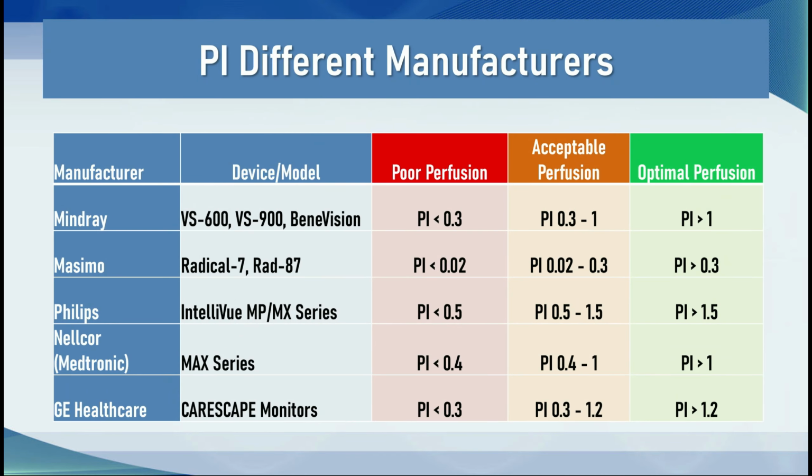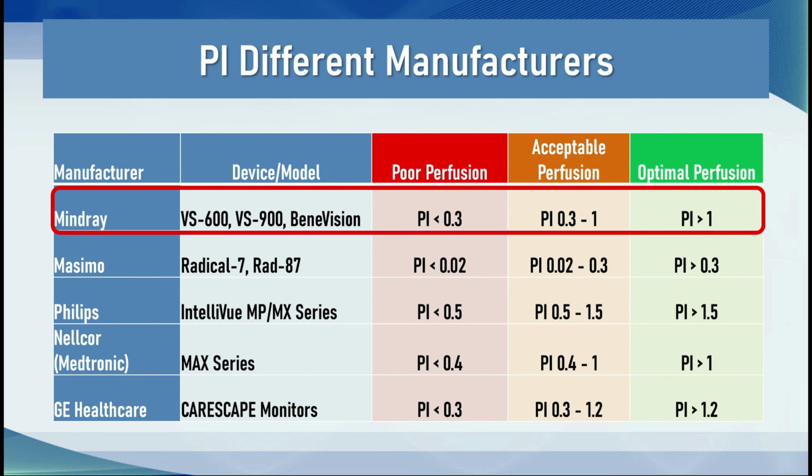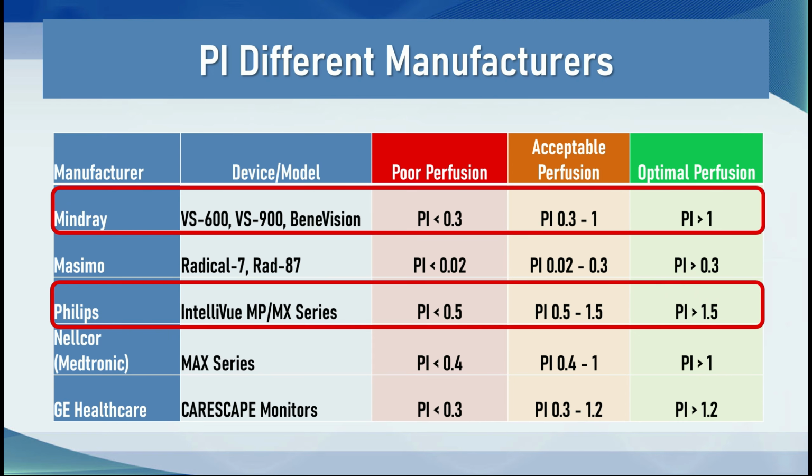This is a chart with the different manufacturers and their devices on the left-hand side and the level at which the perfusion index is considered poor, acceptable, or optimal. In the hospital that I work in, we have Mindray monitors in our operating rooms and Philips monitors in our ICU.